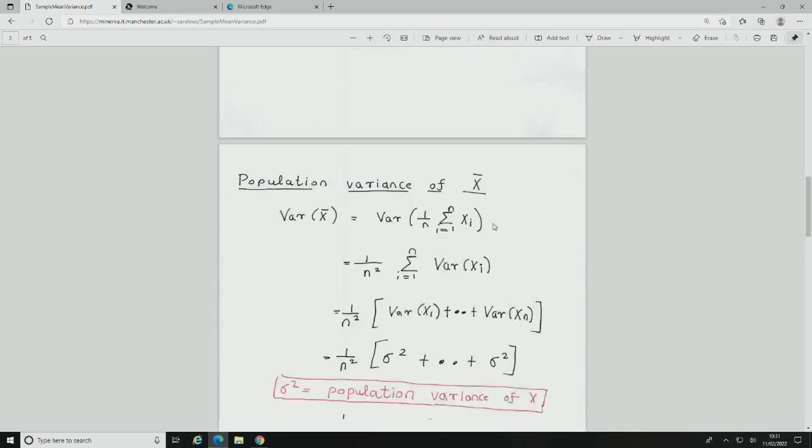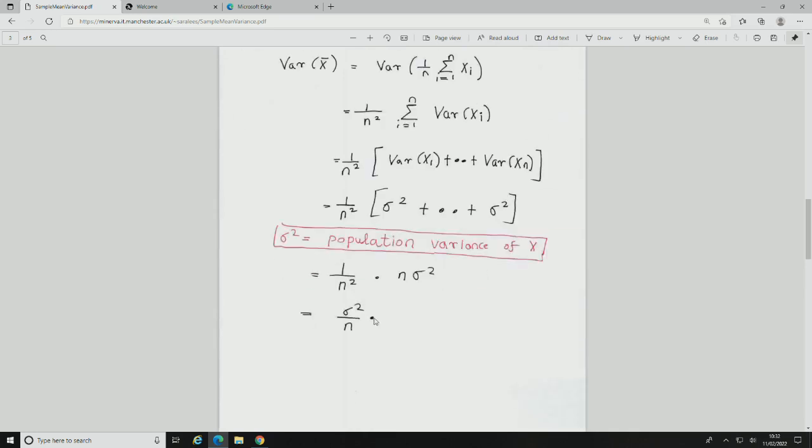Now, to do the second part, we need to use this formula here, that the variance of X bar is equal to sigma squared by n, right? So let's see how we can do that.